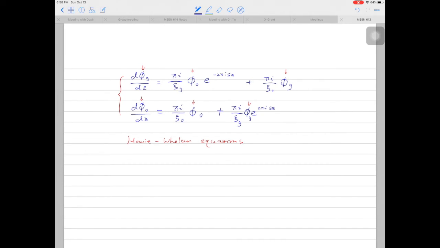You can see that phi g and phi naught are dynamically coupled. And this gives rise to the dynamical contrast. In this video, I hope you've had a taste of the Howie-Whelan equations. In the next video, I'll show you how we can reformulate and solve the Howie-Whelan equations.